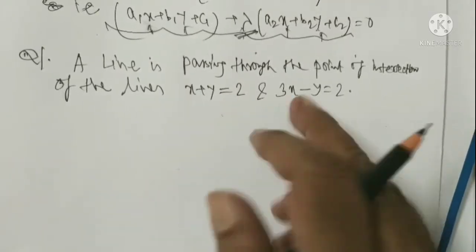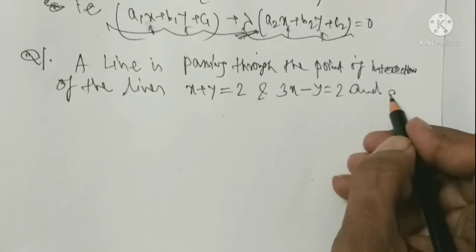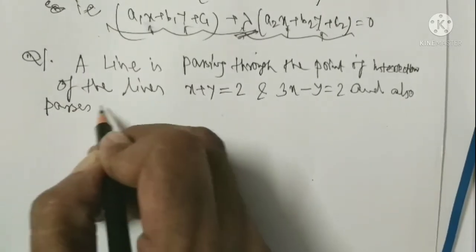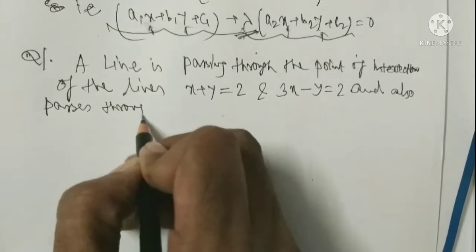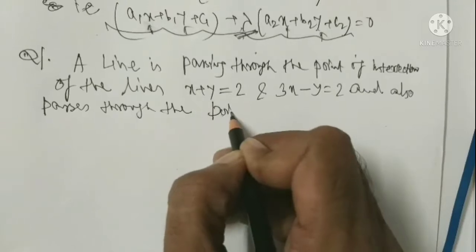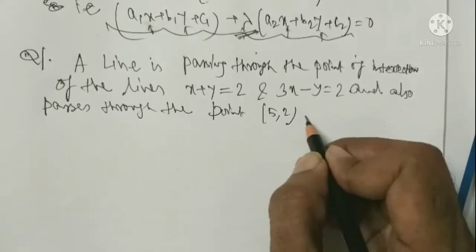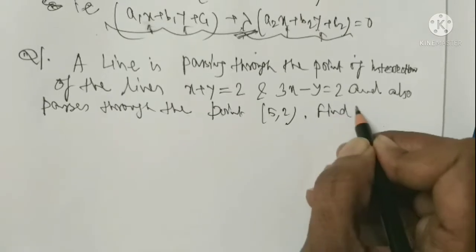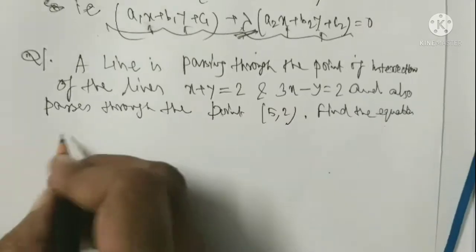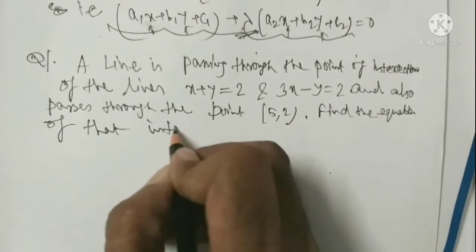Just see, this is a model problem, nothing but, and also passes through the point (5, 2). Find the equation of that intersecting line.